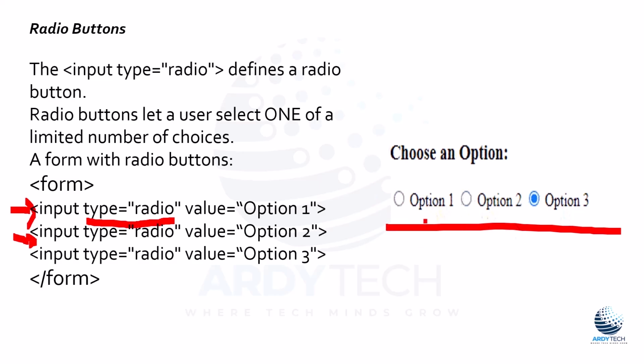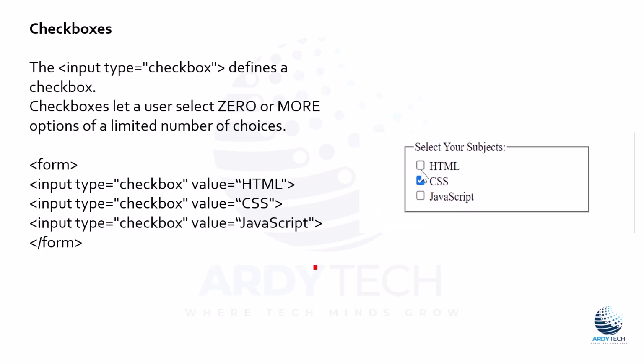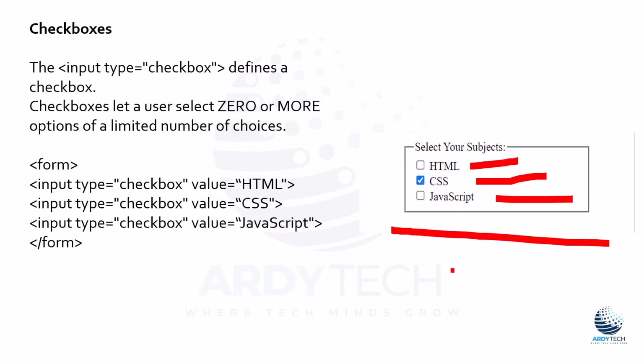Checkboxes are also another type of input field. For checkboxes, the user has the possibility to select more than one item. As you can see here, the user can select this item or this item or the last item. So unlike radio buttons, which only allow the user to select one item, checkboxes give the user the leverage to select more than one item.